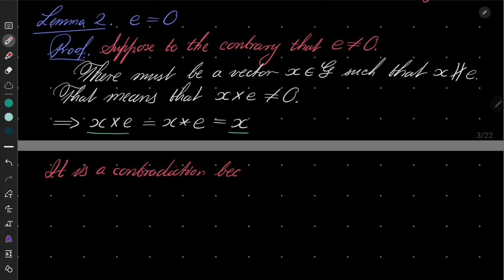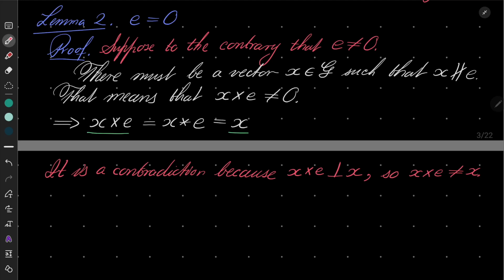It is a contradiction because X cross Y is perpendicular to X, so X cross E cannot be equal to X because we are dealing with non-zero vectors.